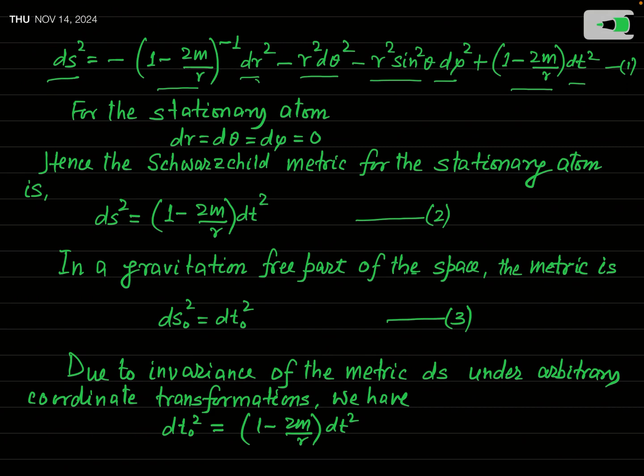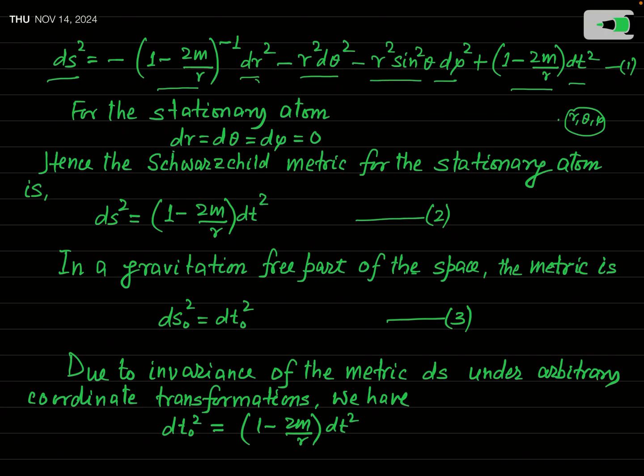This is the general expression for the Schwarzschild line element due to a mass m which produces the gravitational field. But as we have assumed, the atom is stationary, so its space coordinates will not change. If the particle's position is fixed, then r, theta and phi are constant and not varying with time.